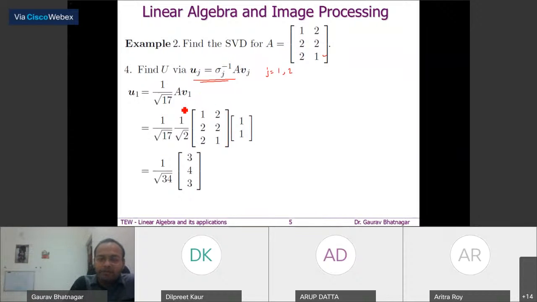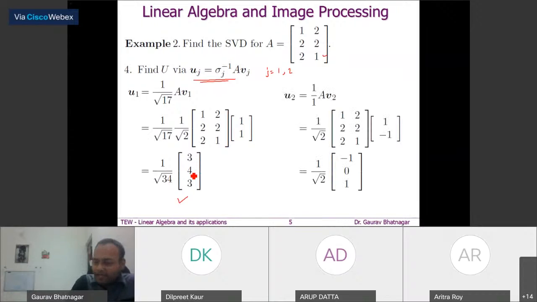So you can multiply and simplify everything, and you get the first vector u1 as 1 by square root of 34 times the vector 3, 4, 3. In the same manner, I can immediately identify the vector u2 because v2 is also available. Using the same formula, I get u2 as 1 by root 2 times minus 1, 0, and 1.